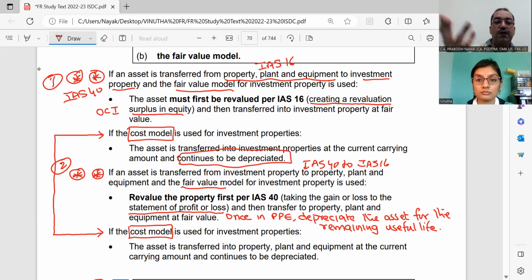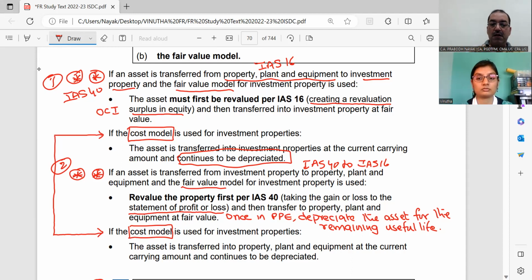And then it gets transferred to IAS 16. Once in PPE, depreciate the asset for the remaining useful life of the asset. That means, though it was under the IAS 40 fair value model, when it gets converted into IAS 16, irrespective, depreciation will continue.